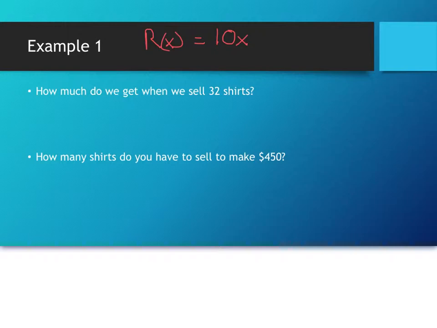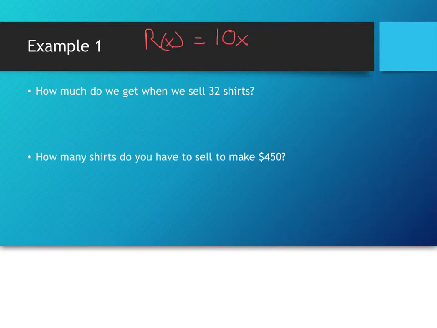So we can ask ourselves, like, how much revenue do we get when you sell 32 shirts? Or how many shirts do you have to sell to get a revenue of $450? All right. And these are basic, just straightforward function ideas.